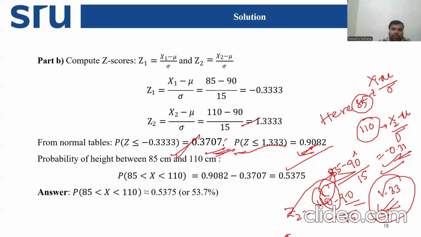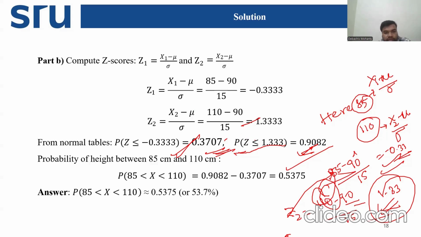So whenever two values are given, you have to consider two Z scores, that is Z1 and Z2, using the same mean and standard deviation. Okay, students, is it clear? The variable X1 is the first, that is 85, and X2 is 110.